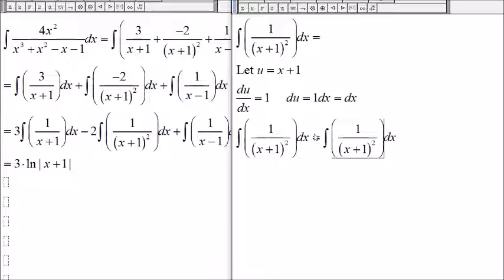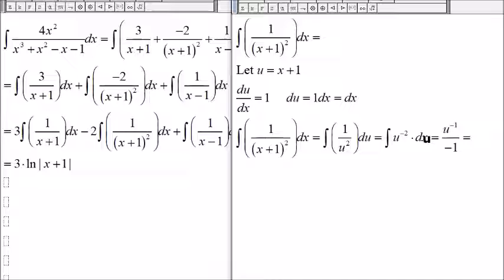So this becomes 1 over u squared. And then dx is just du. And this is 1 over u squared, which is u to the negative 2. And then the antiderivative, add 1 to the exponent, we get u to the negative 1, and then divided by negative 1.